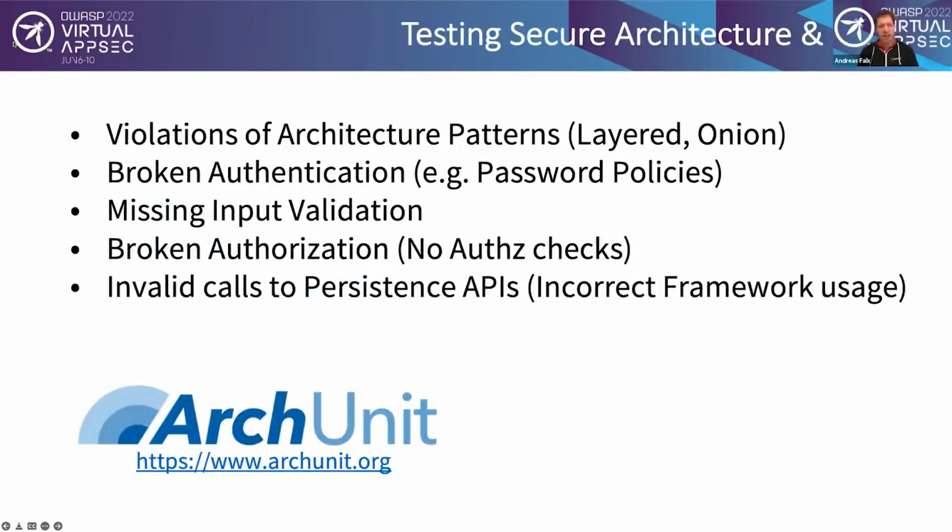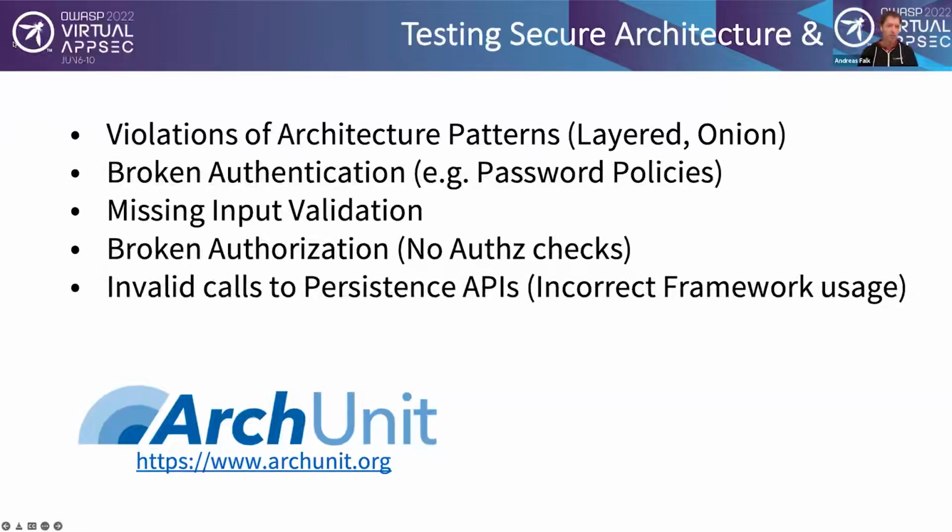Then the next thing I also want to stress a bit is testing secure architecture and design. This is a very important thing, and you can easily do that using a tool called ArchUnit. Typically this tool is intended to prove your architecture so that you don't have any violations in your architecture patterns. So for example, if you implement a layered architecture, then it just checks if the calls are according to the rules.